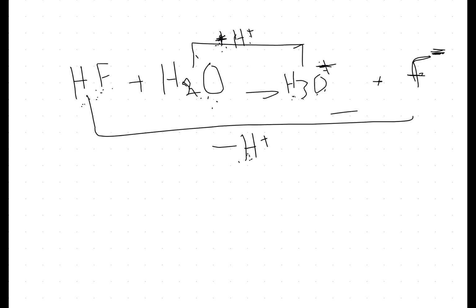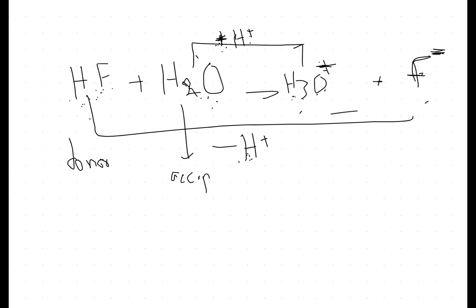Okay, and this one will gain. So see, this one will lose. It will be like this. This is donor. The donor will give. Okay, this is acceptor. Acceptor of what? Please be careful. Donor of H plus.